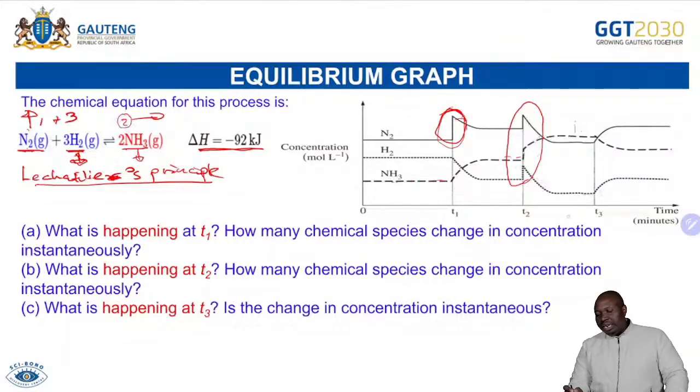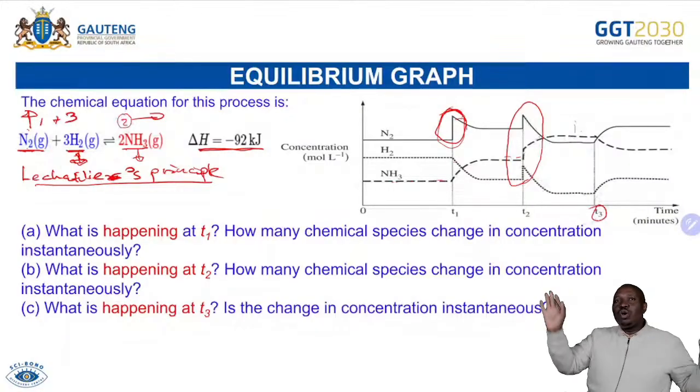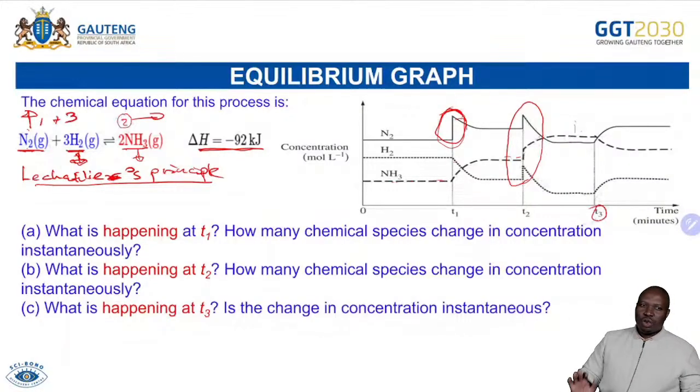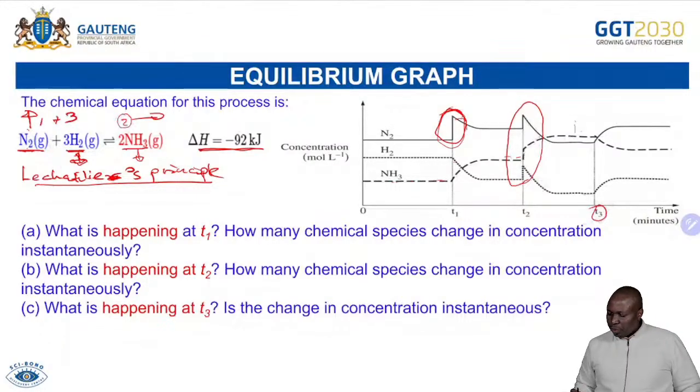Now at T3, you can see that there is no sharp increase of any concentration, not of reactants or products. They are all not sharply increasing or decreasing. That shows you that we are dealing with temperature. Remember, when you increase temperature, the concentration will remain the same.